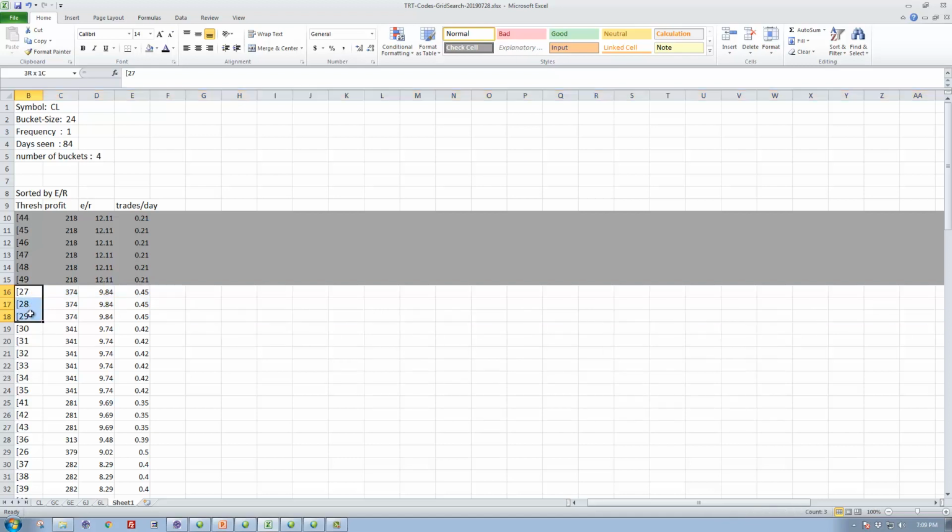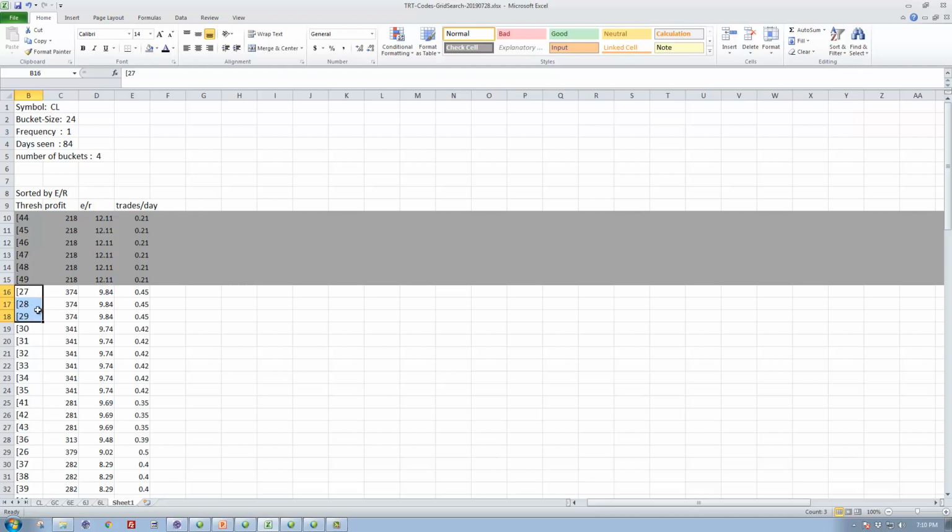So again, what this means is that I had a set of behaviors that showed up in one or two of the buckets that had a really high efficiency ratio, a really good ratio of profitability to the number of trades.